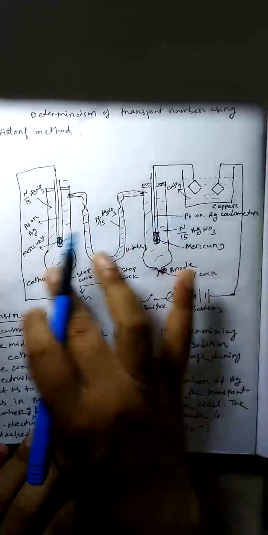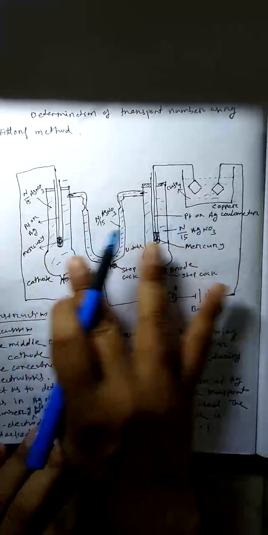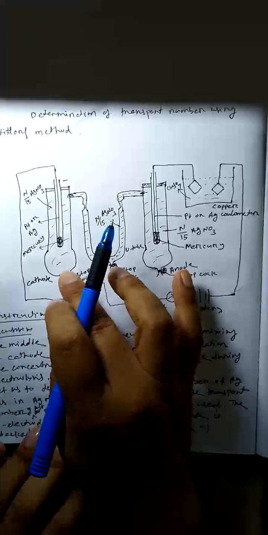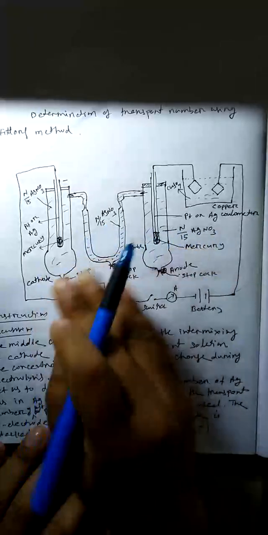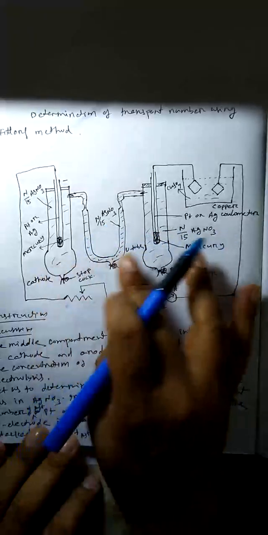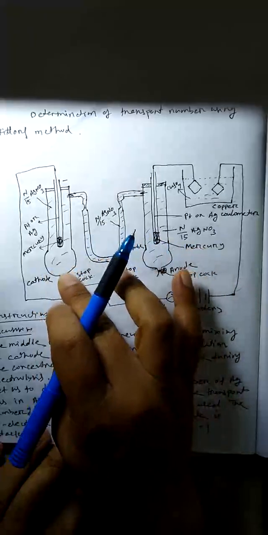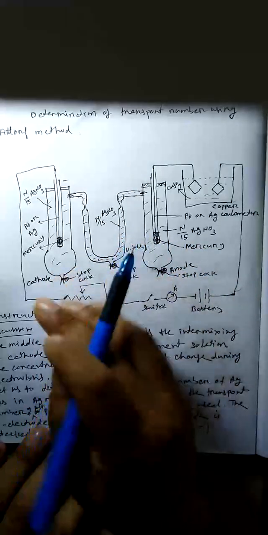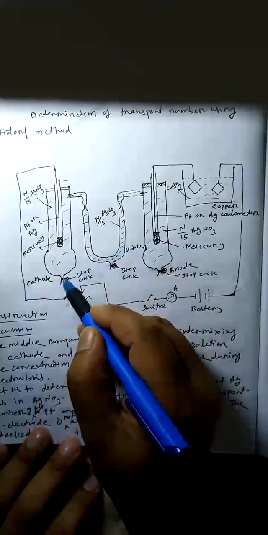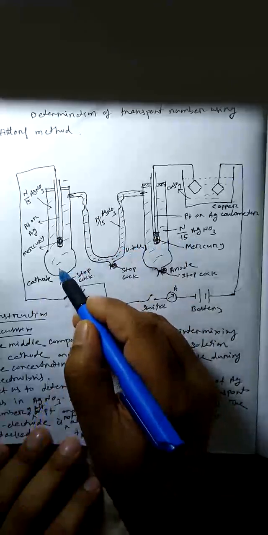You take only any one of the compartments, not both, open the stopcock, remove the solution, and by titration find out the concentration change.